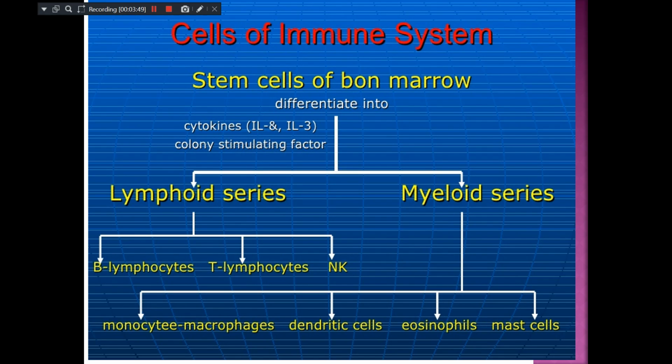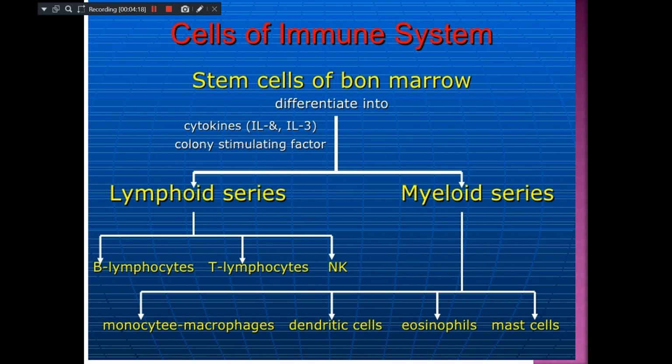There's a small spelling mistake in the word bone, please excuse me for that. The stem cells are produced especially in the bone marrow, and these stem cells then differentiate into two different series: one is the lymphoid series and another is the myeloid series.